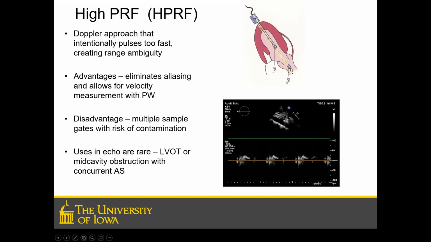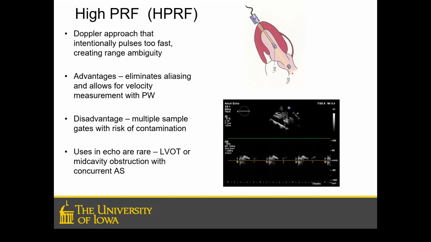That's the instrument telling you, you have asked me to pulse so fast that I don't know if the Doppler information is coming from this location or this location, okay? So why would we do this? The advantage is that it allows us to measure a velocity without aliasing in a specific location, although there is potential for contamination because you have 2 gates. And that's the disadvantage. You have some potential for contamination.